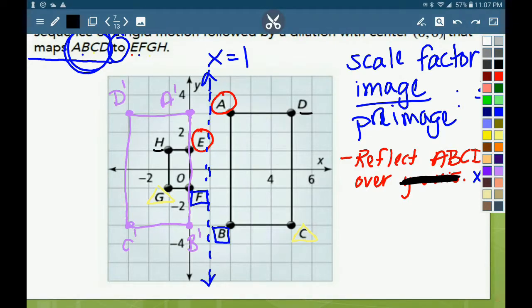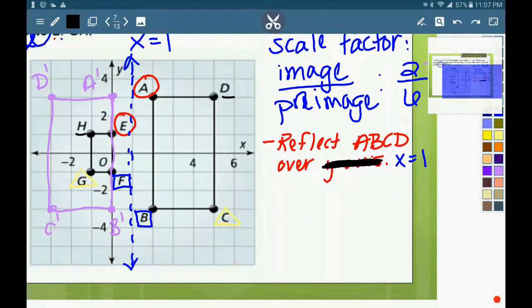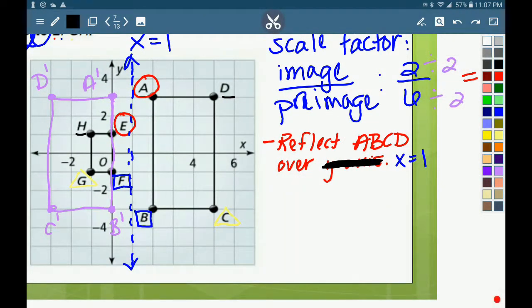When you reduce something, it pulls it towards the origin. So I can tell right now that if I were to reduce this by 1/3 the size, or dilate it to be 1/3 the size, I'm going to get my points to land where they need to land. A prime's going to land on E, D prime's going to land on H, C prime's going to land on G, B prime's going to land on F. So I'm going to write that down.